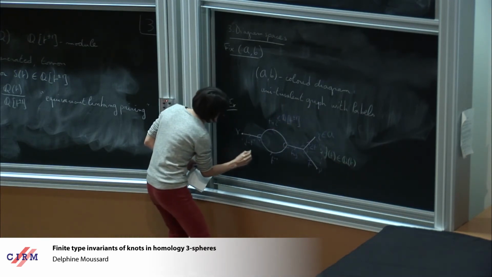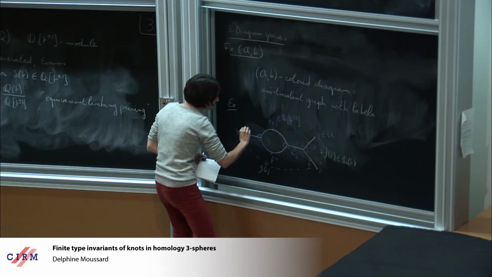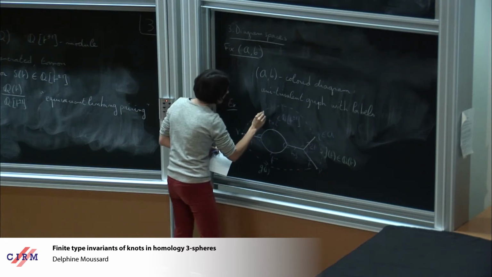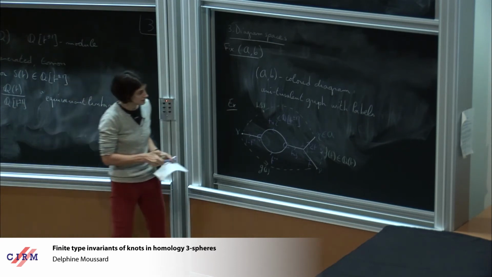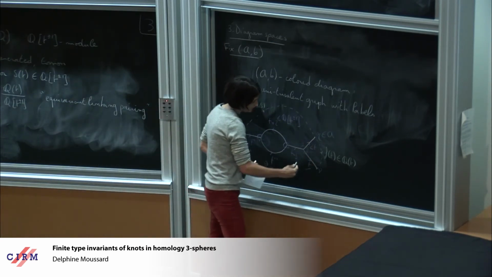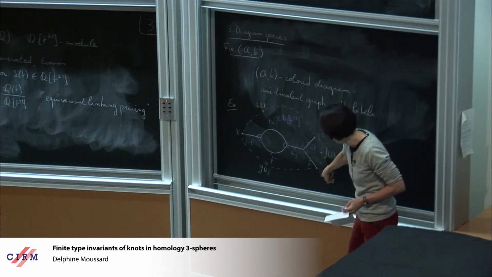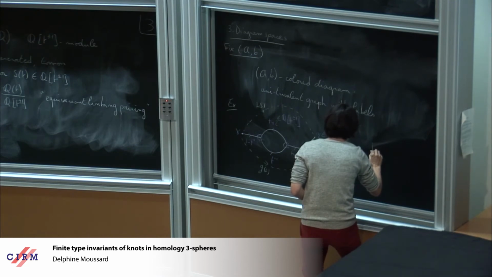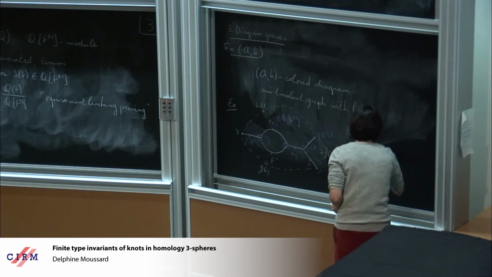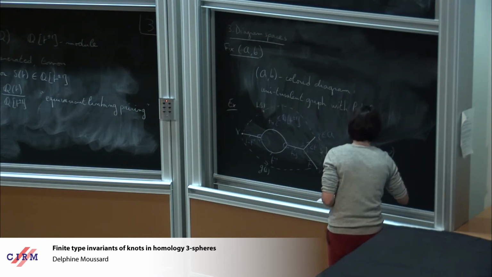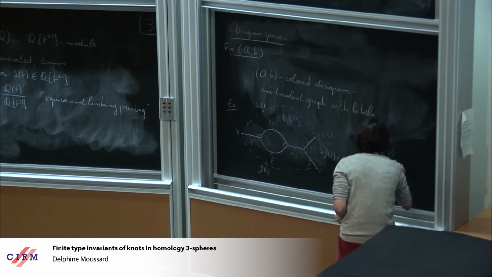Here, these two univalent vertices are labeled by eta and nu, and the condition is that the Blanchard form applied to the couple (eta, nu) must be equal to this fixed rational fraction up to a polynomial.